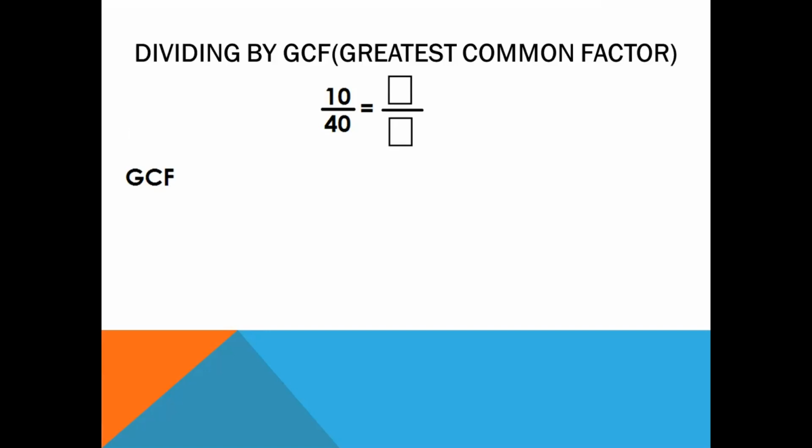So, in 10, we have 1, 2, 5, 10. In 40, we have 1, 2, 4, 5, 8, 10, 20. Kung advanced ka na at alam mo na yung GCF, mas madali na lang para sa iyo to.